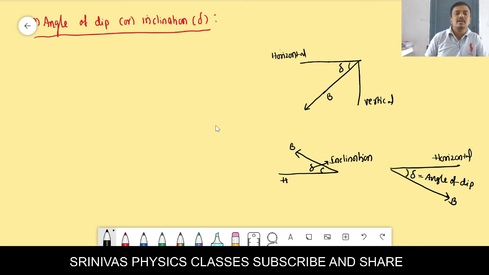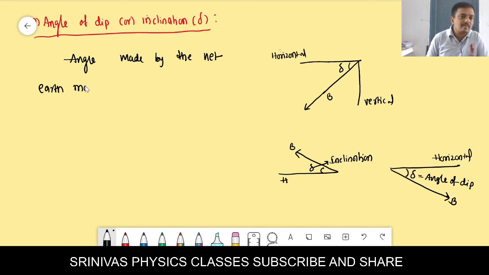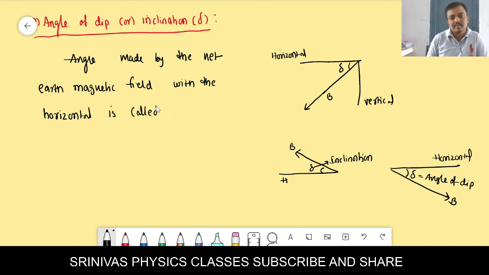In both cases, the definition of angle of dip or inclination is: the angle made by the net earth magnetic field with the horizontal is called the angle of dip or inclination.